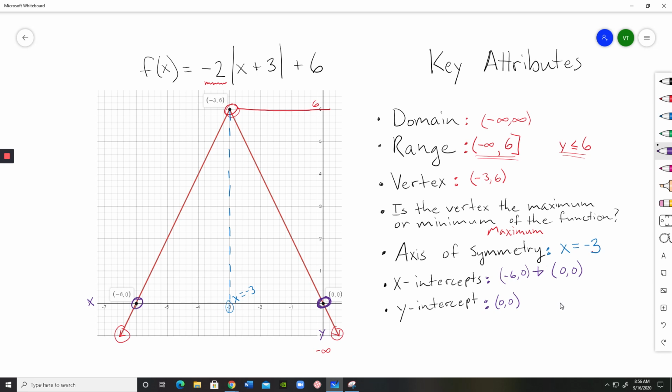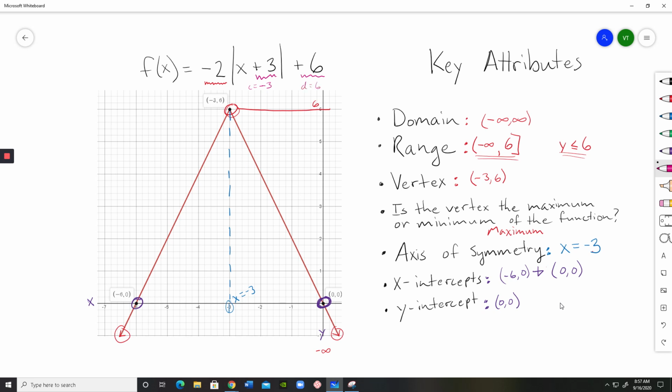And that's all there is to it, guys. When you are finding the attributes of an absolute value function, if you're given a graph, you can find everything by looking at the graph. If sometime you're not given a graph, there are ways of doing it, like you can look at the left, right, up and down transformations to know that, hey, we're going to go left 3, so that would be -3 for C. We're going to go up 6, so that means that D is 6.